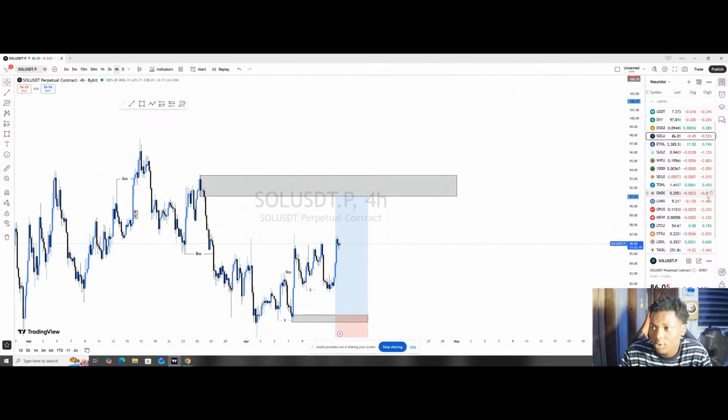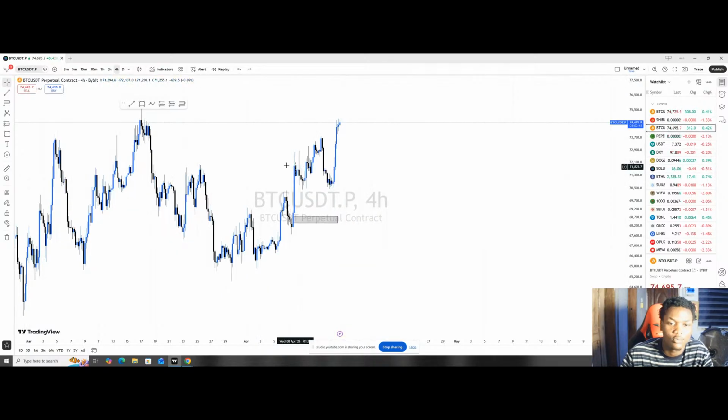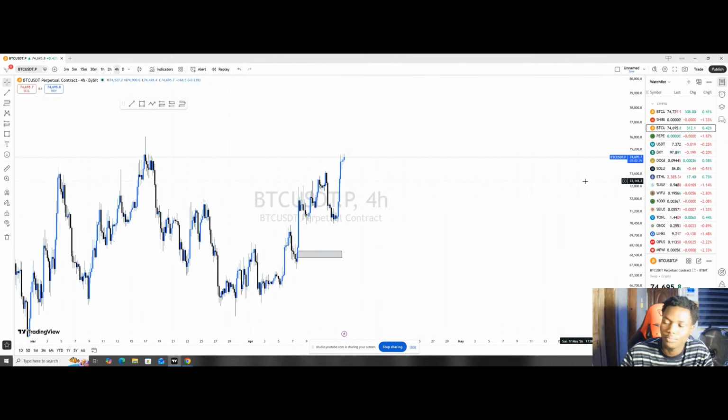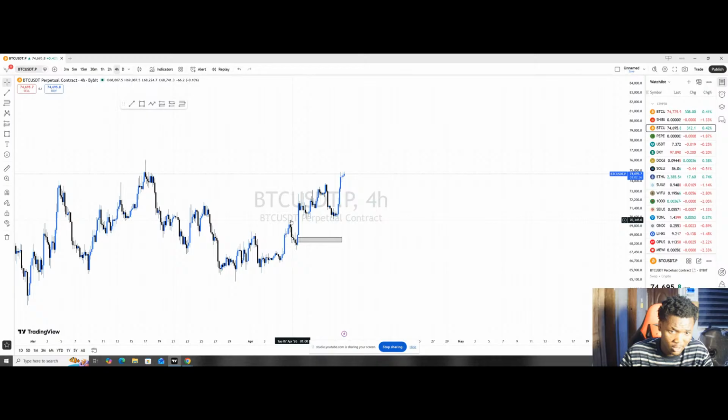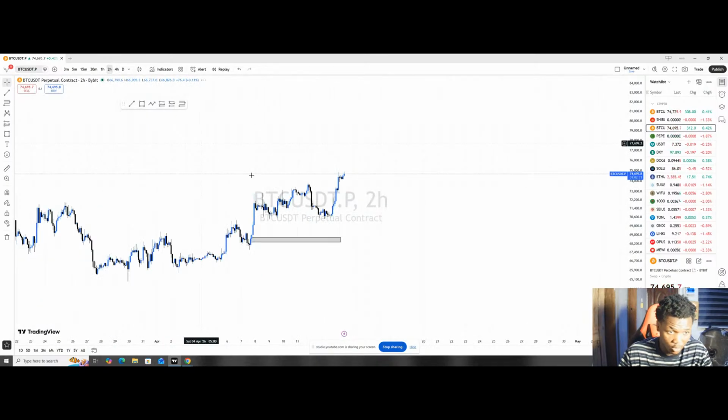So let's check BTC and see BTC movement. So BTC is actually bullish. Let's go to the 1 hour time frame.